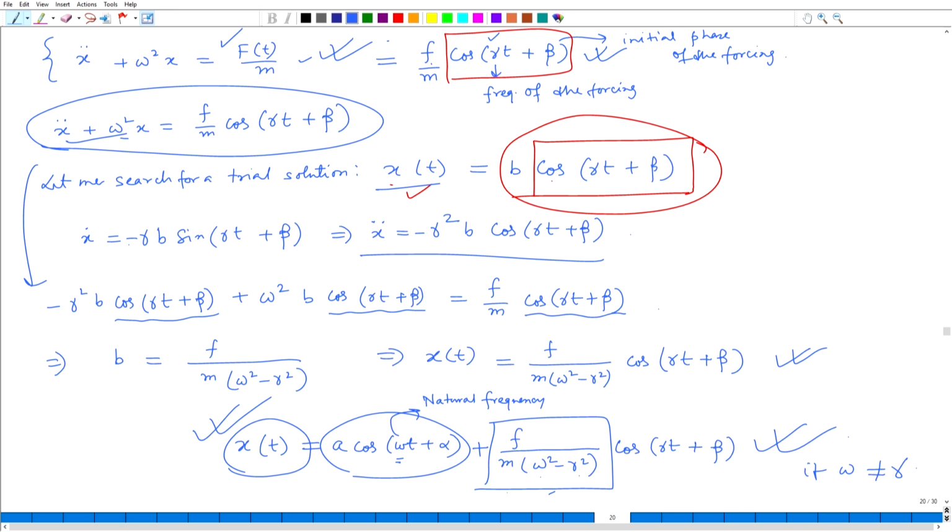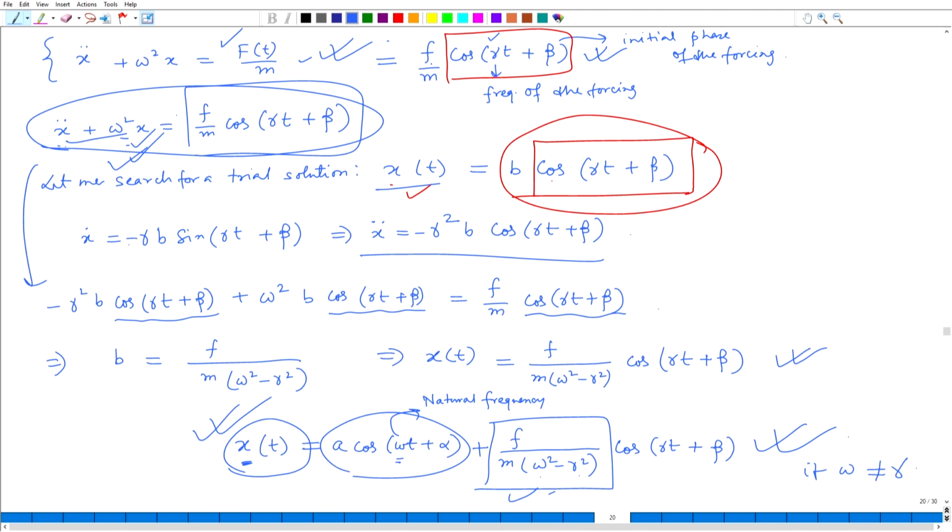If you go to the original equation and think the other way around, suppose one part of x is blowing up, then this part is blowing up, this part is also blowing up because x is there as well, but this part is the force you are giving, which cannot blow up because you are controlling it and you know what you are giving. So, something infinite would be equal to something finite.